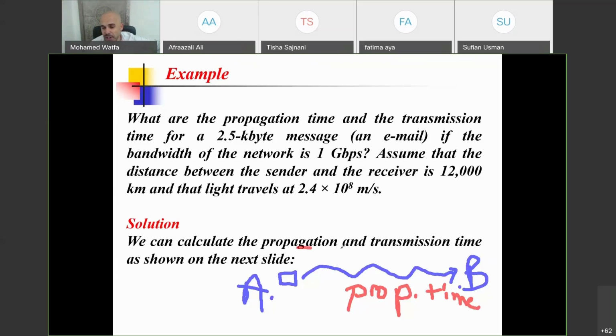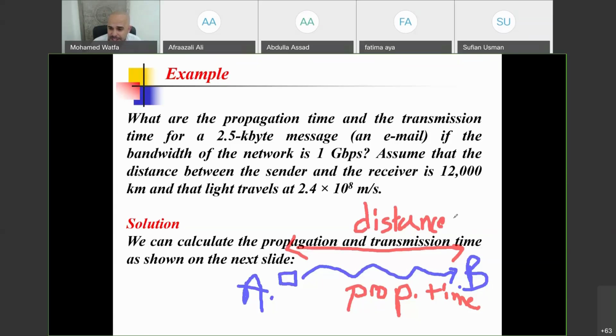It depends on the distance. Distance and how much I'm sending? Right, it depends on the speed, not the throughput.